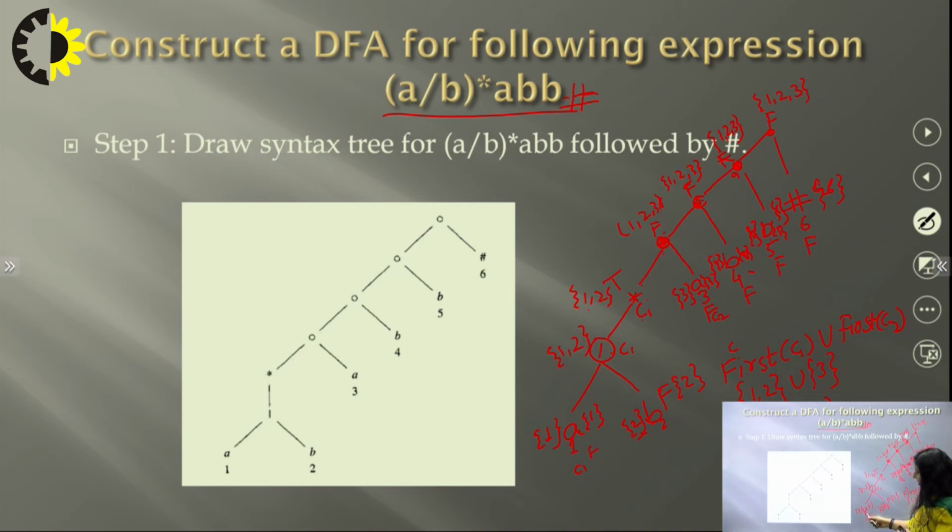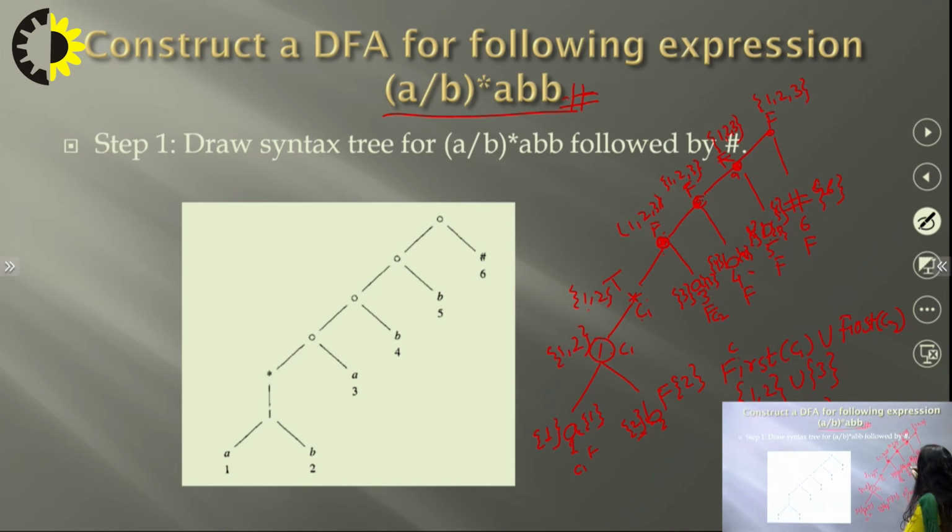So, for every leaf node, the last pos is the same as its position. Like here, A is at first position, so it is the first pos as well as the last pos for this node. While we are going to B with position 2, the first pos is also 2 and the last pos is also 2. For this A, at position 3, the first pos is also 3 and the last pos is also 3.